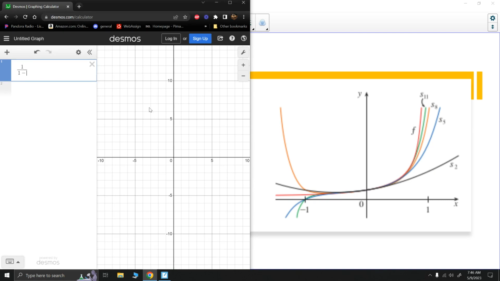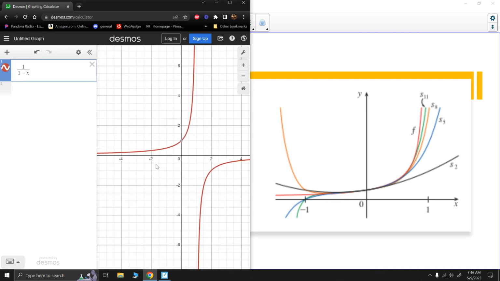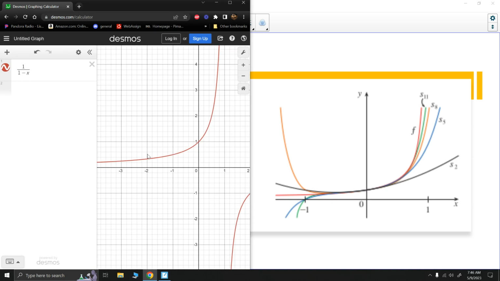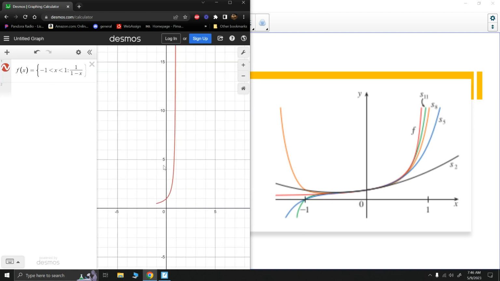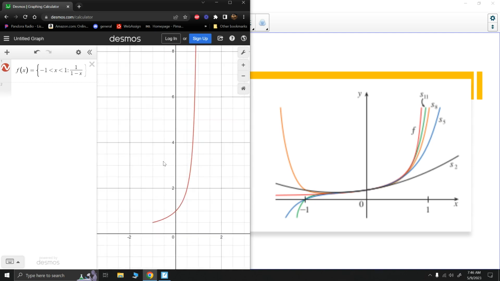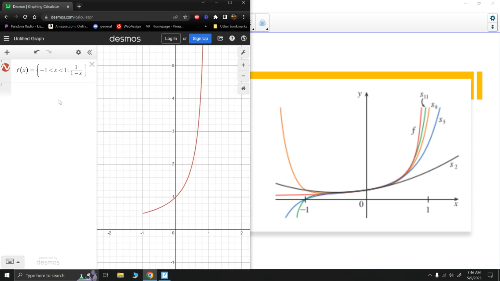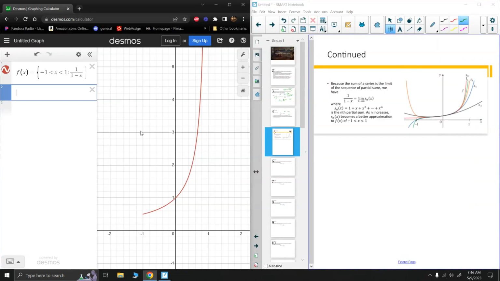So 1 over 1 minus x is our function. Now, we're looking only at -1 to 1. So let's go ahead and define that. F of x is equal to, in squiggly brackets, -1 less than x less than 1. Okay, so really we're only looking here. That's what it's telling us, is that this is true around this region. And so our sum is only true on that interval.